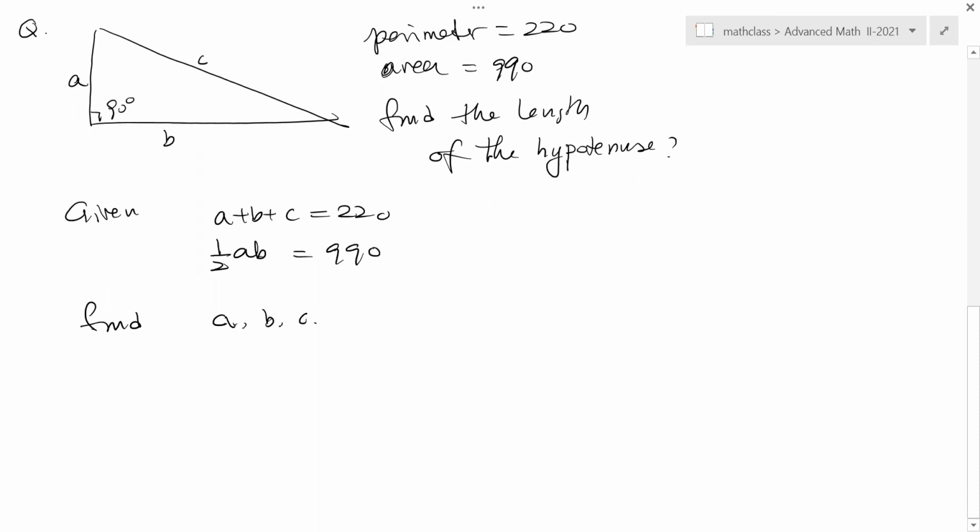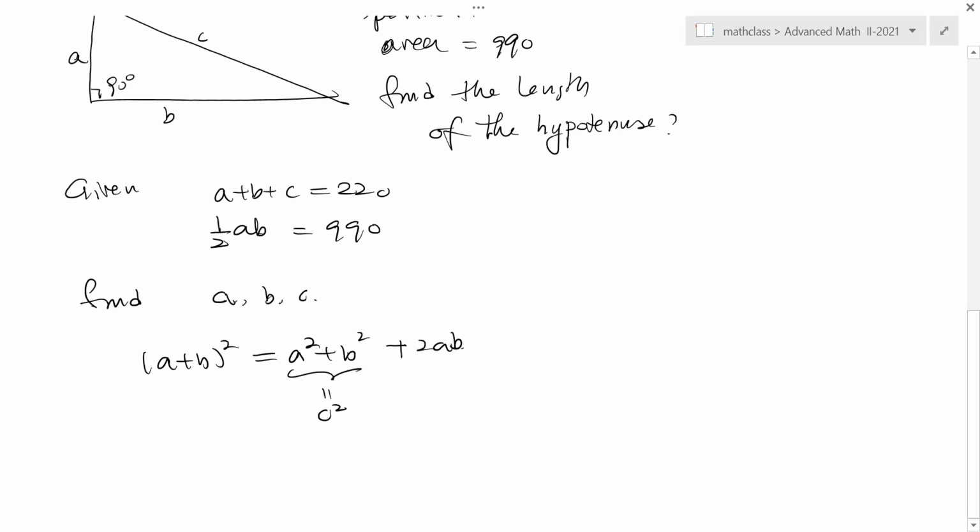So the best way to solve this problem is, remember, there's an important formula we can always use: (A plus B) squared equals A squared plus B squared plus 2AB. Okay, this is the important identity. And by the Pythagorean theorem, A squared plus B squared will be C squared.